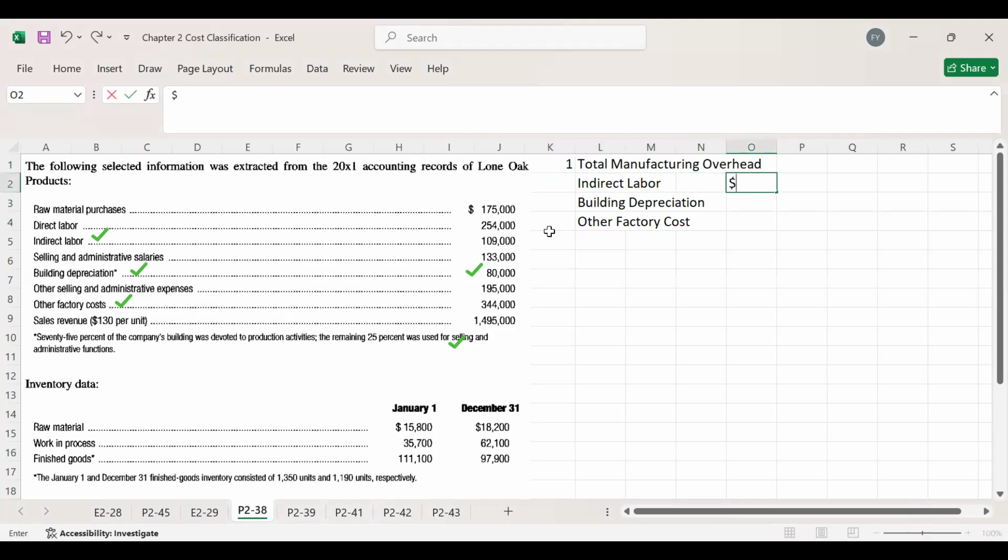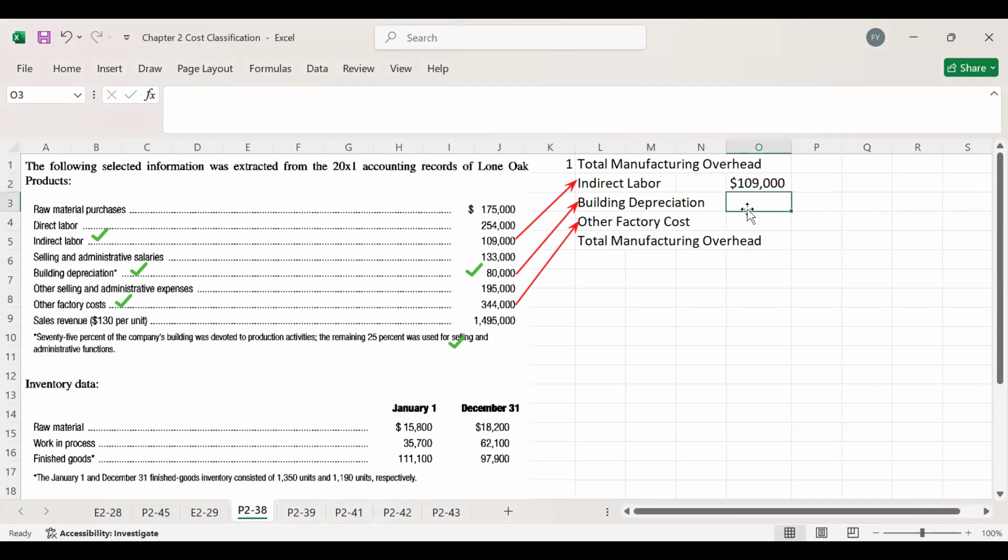You can say it is 109. This is indirect labor. This is building depreciation, and other factory cost is also given. So by adding all these three, we will get total manufacturing overhead. Indirect labor is 109,000.